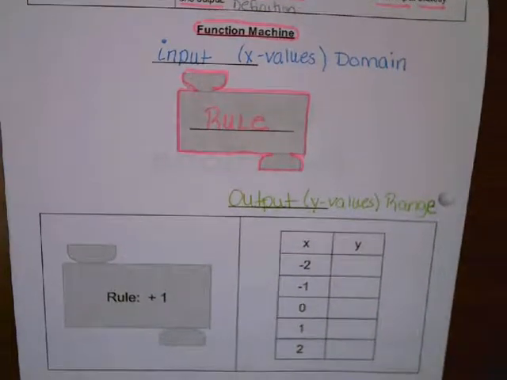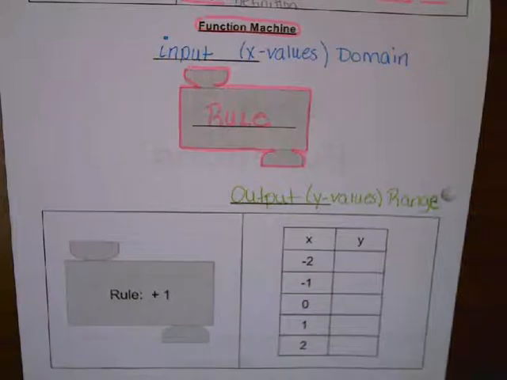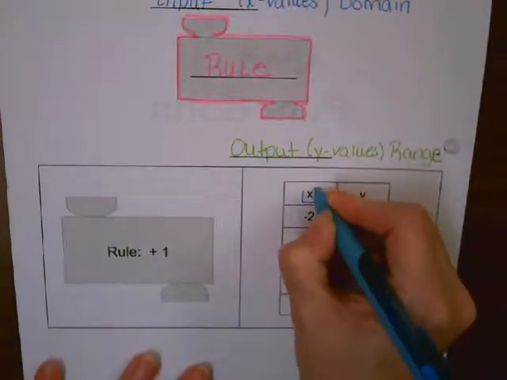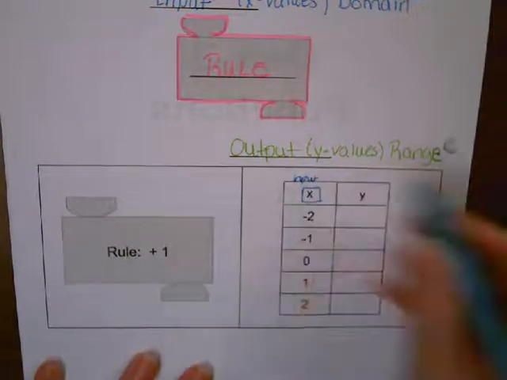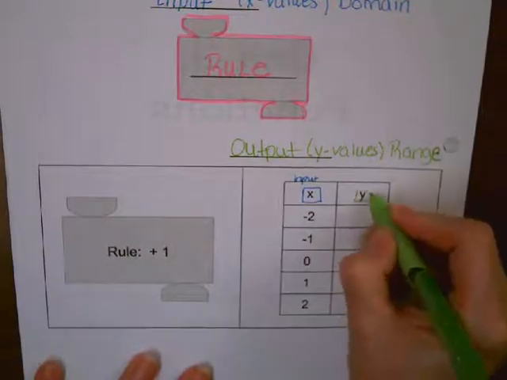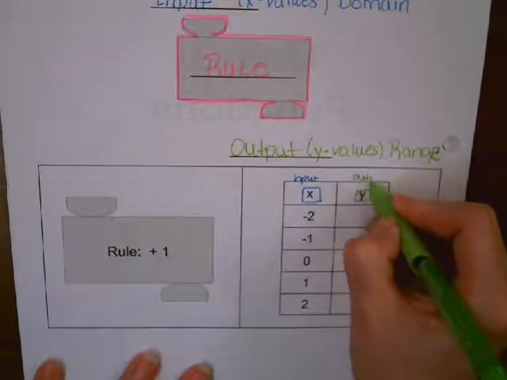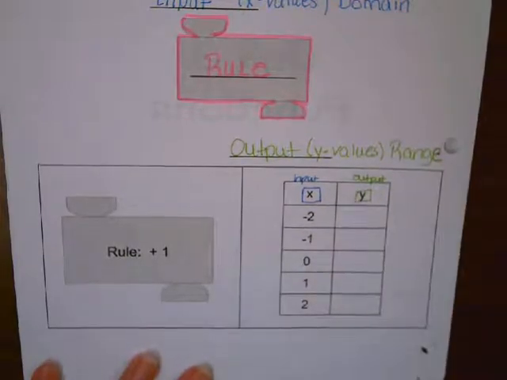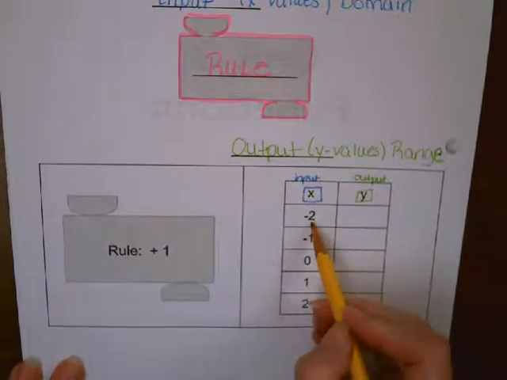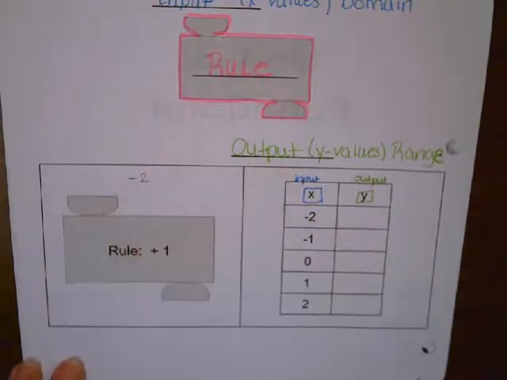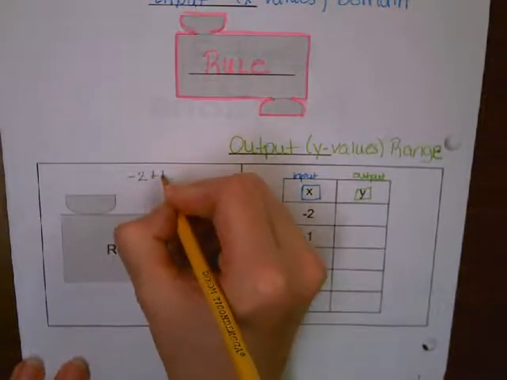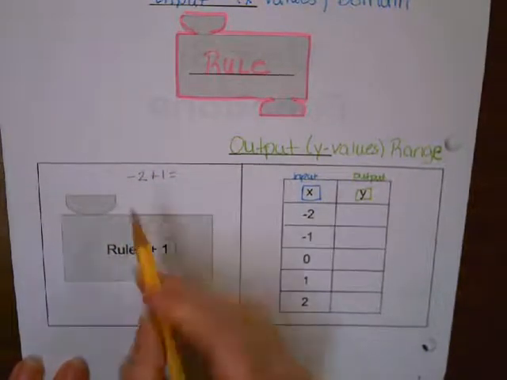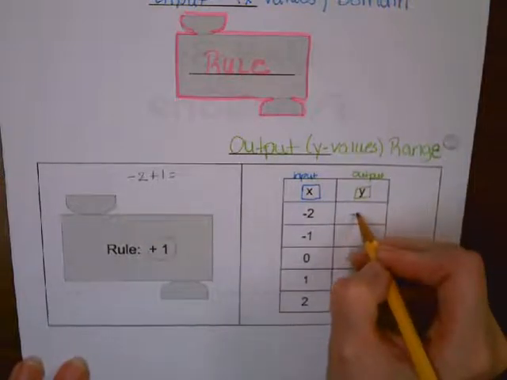So here's an example. Our x values are inputs. So we have input or domain, and we have output. What happens if I take -2 and I apply this rule? What do I get? -2 plus 1. I get a y.